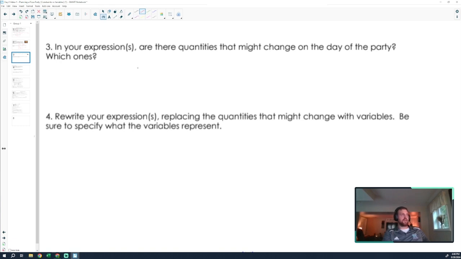Maybe we're not going to get 3 pizzas, so the number of pizzas could change. And I totally made up that $3 or $4 for every pizza, so maybe that changed. Things like that, and whatever else you came up with.